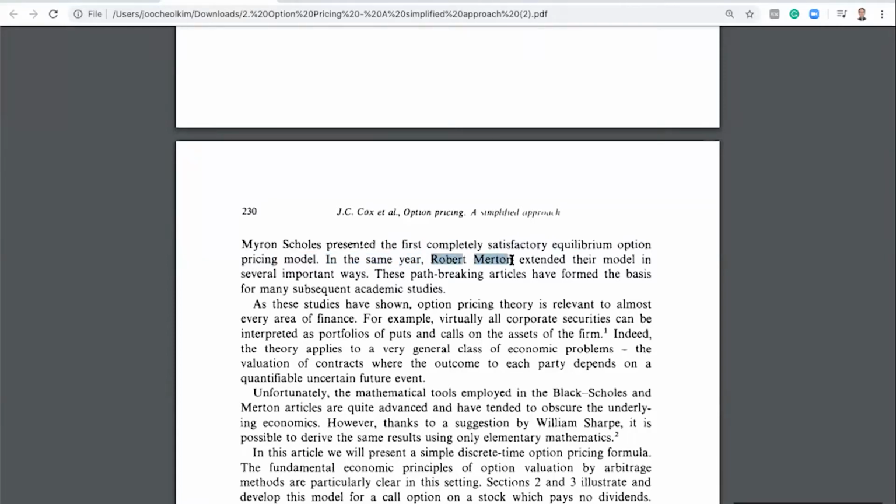Merton is another contributor to option pricing theory, but he was not involved in the Black-Scholes paper. Black and Scholes wrote a paper together, and then Merton wrote another paper based on the Black-Scholes model. But actually the mathematics used in the Black-Scholes model heavily depends on Robert Merton's paper. And actually they were all colleagues at MIT at that time.